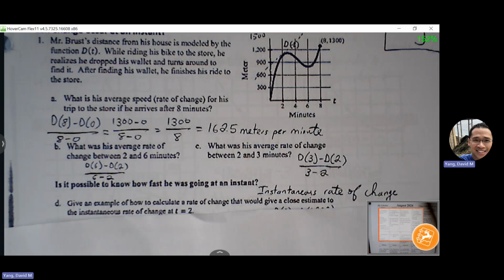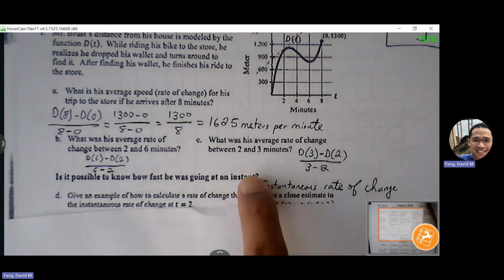Okay, so we can have an idea how fast he's going over an interval, right? Over an 8-minute period, we can find out his average speed over a 4-minute period, over a 1-minute period. But then, is it possible to know how fast he's going at a specific instant? The issue is that if we want to find how fast he's going at an instant, that means you only have one time available, one ordered pair available.